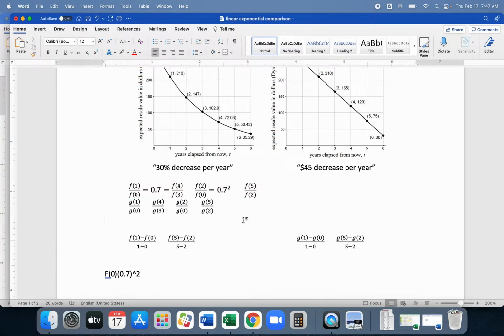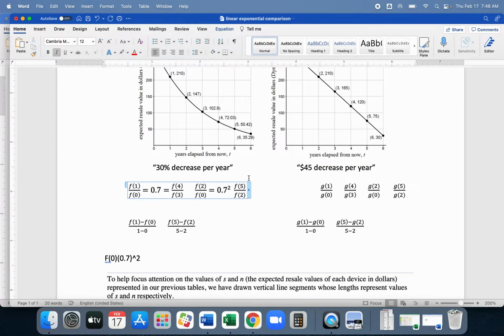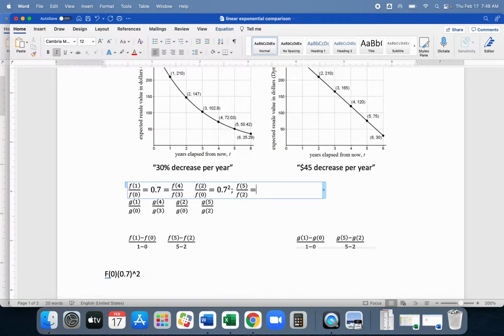So one unit apart, the first two, that ratio came out to be 0.7. Two units apart came out to be 0.7 squared. What about f of 2 to f of 5, or the ratio f of 5 over f of 2? Guesses on how I could write this without grabbing a calculator? Well, yeah. Would it be 0.7 to the third?